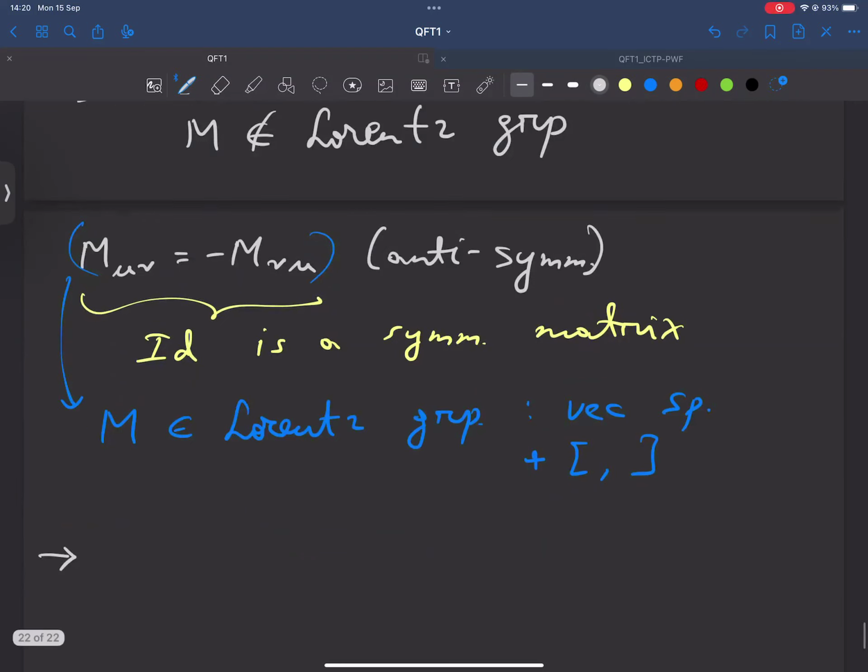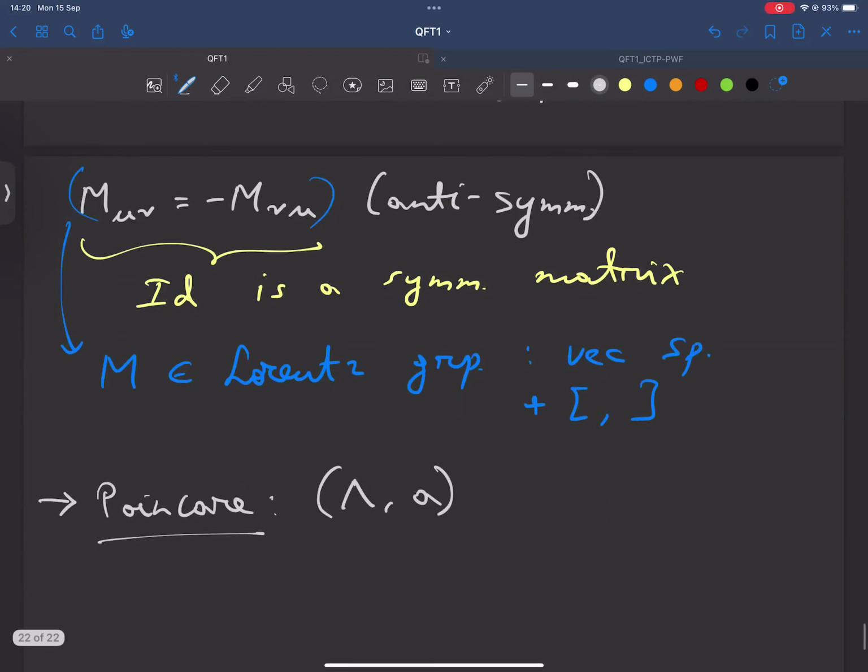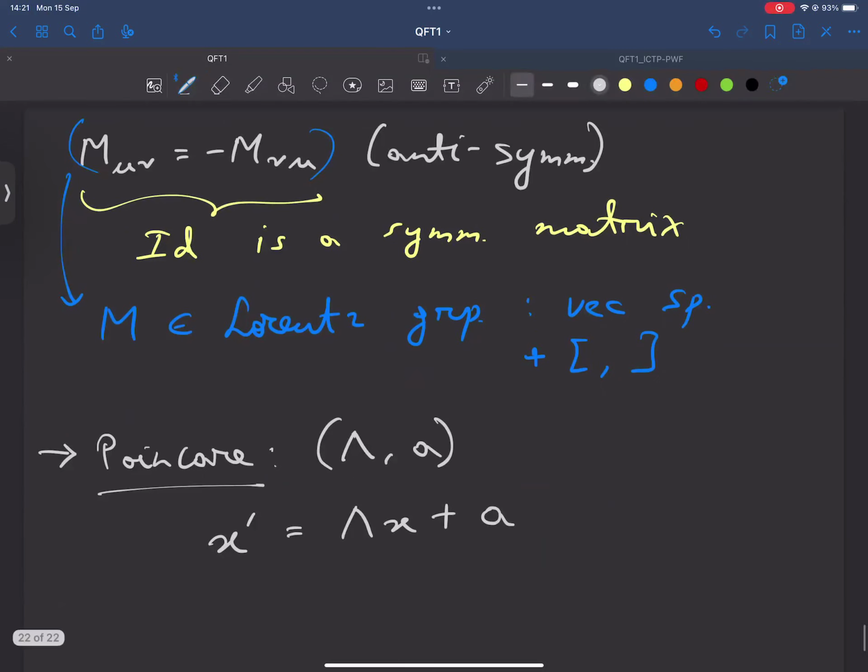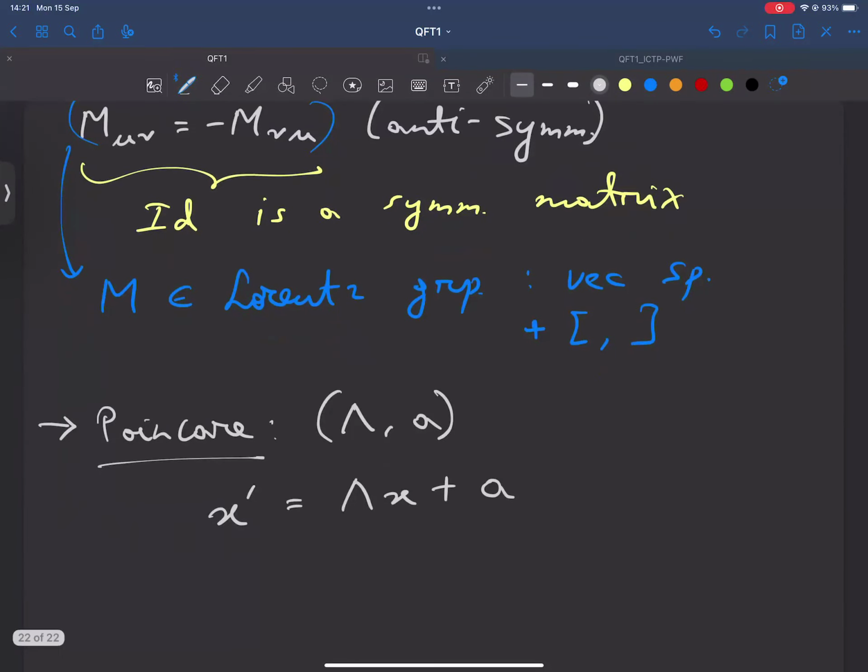Okay, so now going back to Poincare transformations. We will denote them by lambda and a, where if you take a vector x, then lambda is the Lorentz transformation, and then you do a translation on top of it. At times I will not give explicit indices on the equations, but it will be clear from the context.